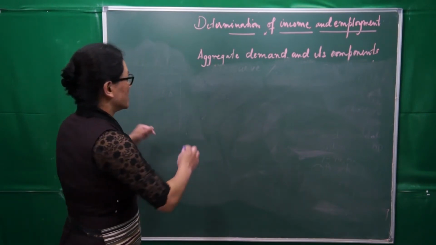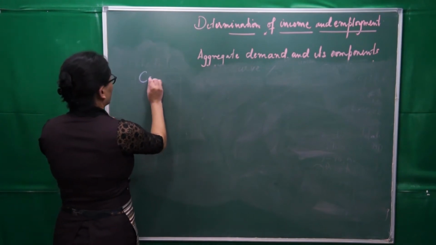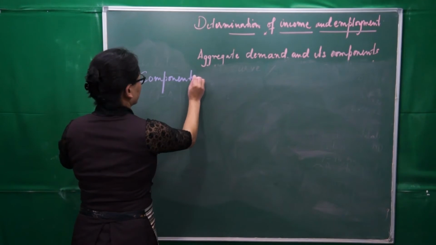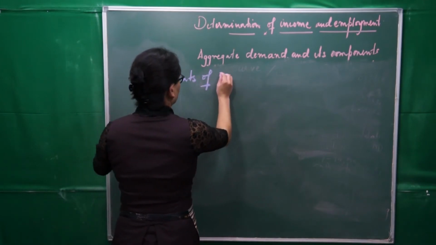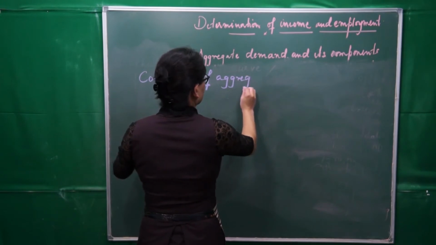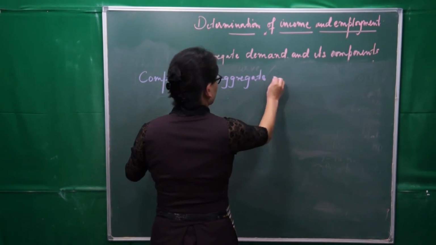All right. So we go for components of aggregate demand or expenditure.